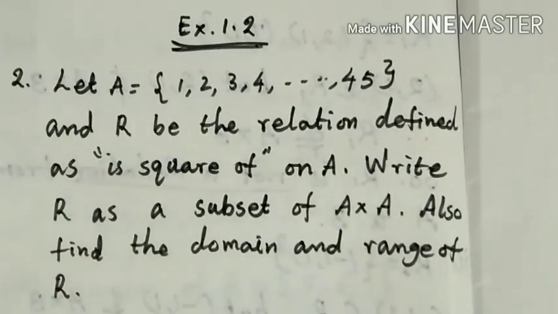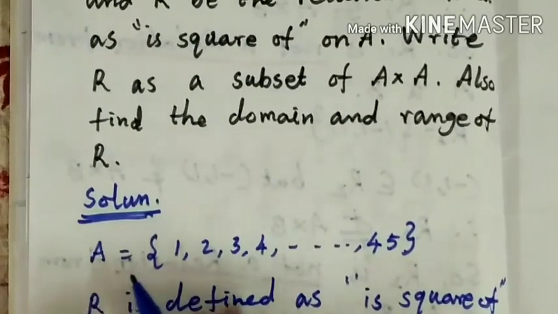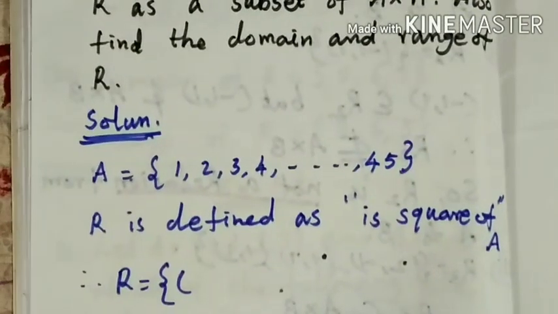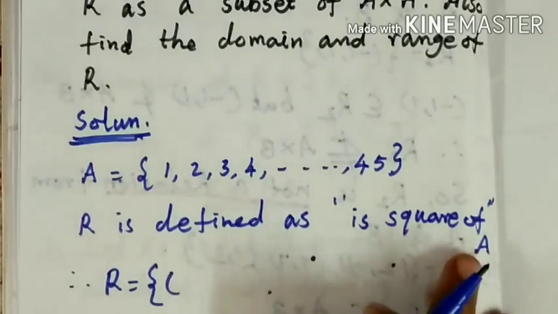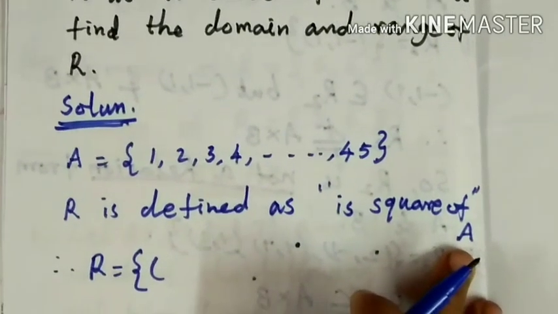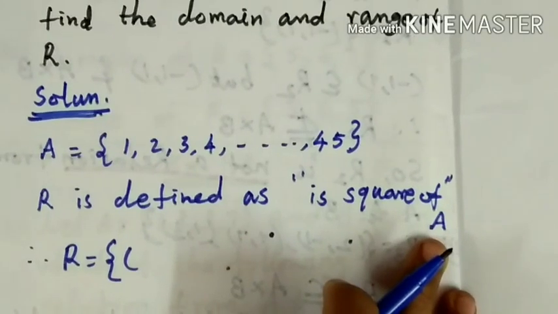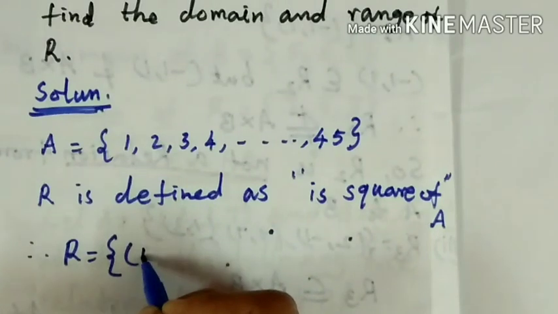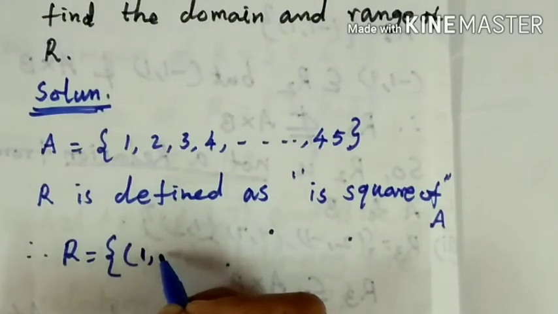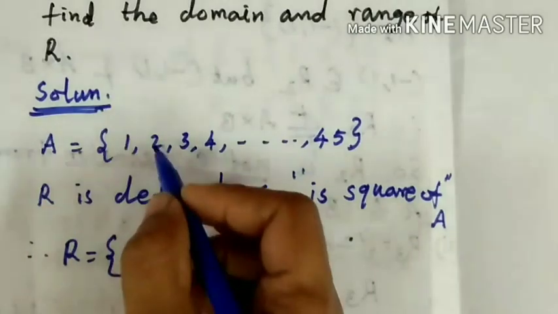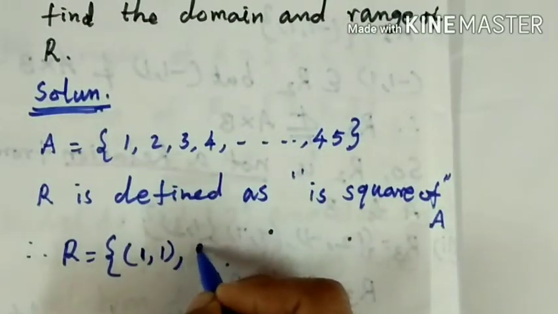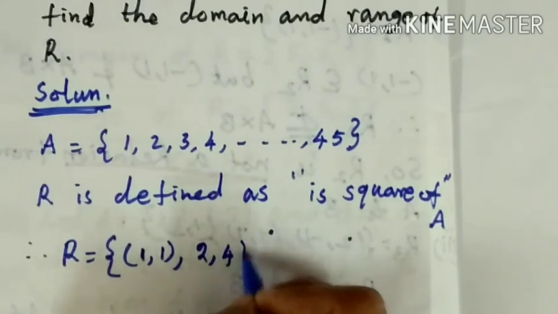So first you write the given solution. A = {1, 2, 3, 4, up to 45}, and R is defined as y is the square of x. Then the ordered pairs: the first element of A is 1, square of 1 is 1. Then the next element 2, square of 2 is 4.